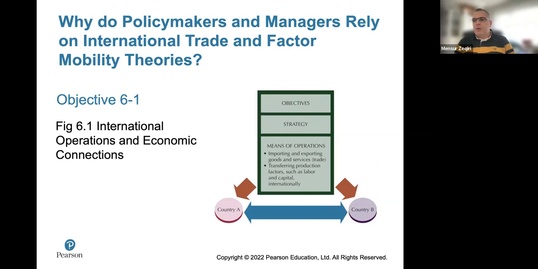You see now, after the embargo, what's happening with the prices all over the board. So that shows that countries are linked through trade and factor mobility. We saw how crucial and how important it is to international economics.